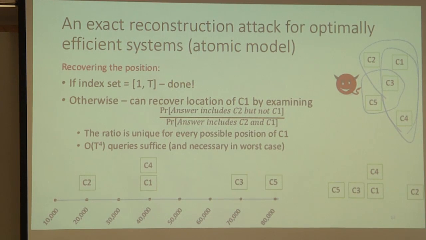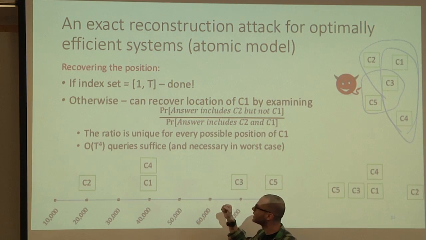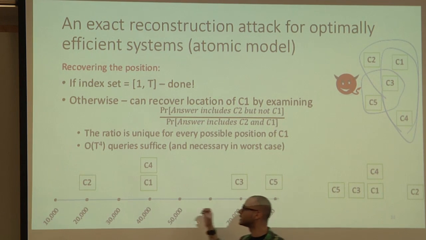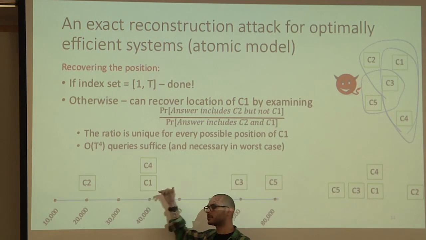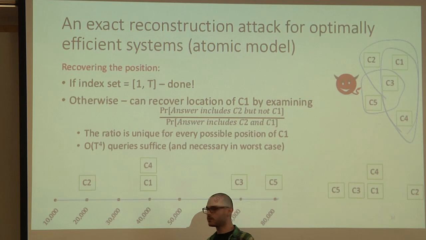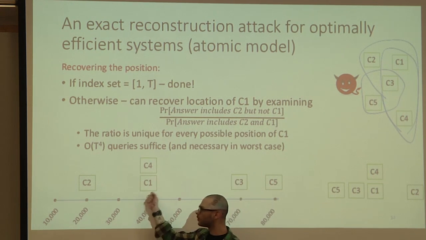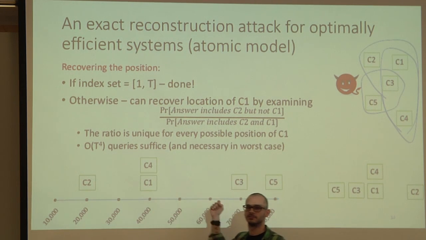The idea is that, let's say, we already know the position of C2. Then if we divide the number of queries that include only C2 by the number of queries that include both C2 and C1, we can observe that this ratio gives a value which is unique for every position of C1 after C2.